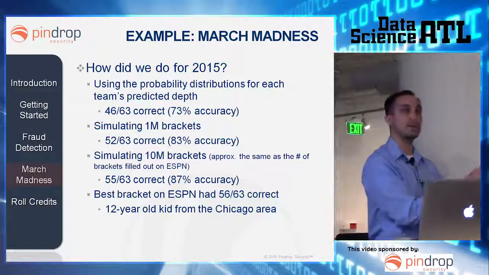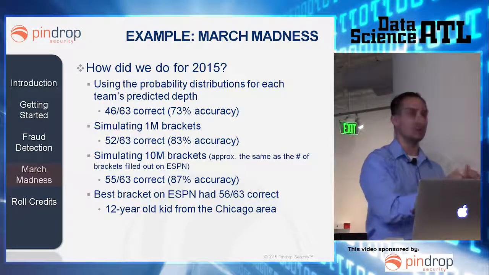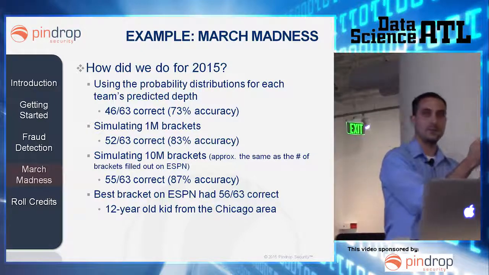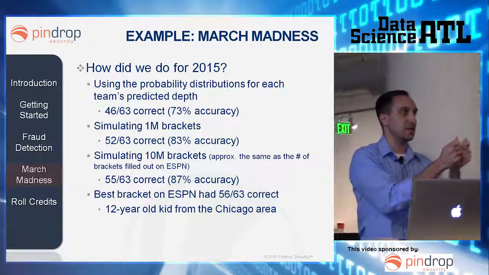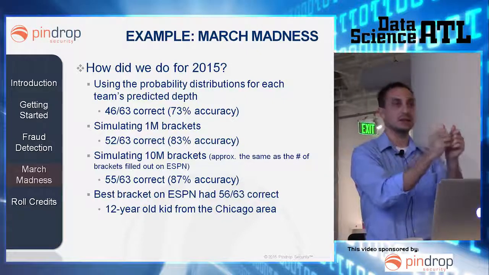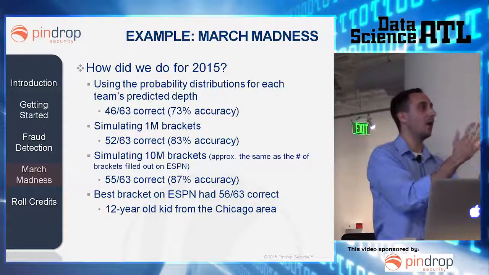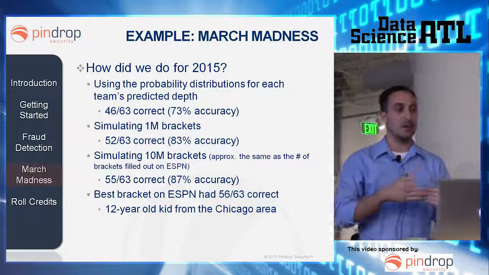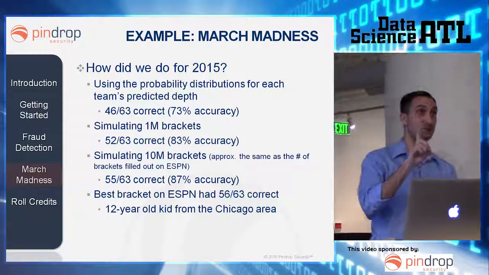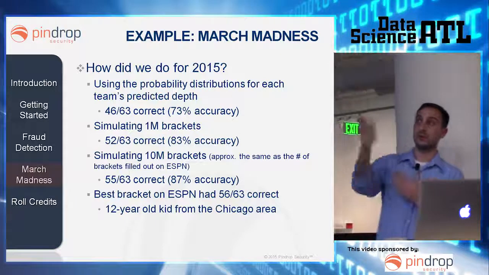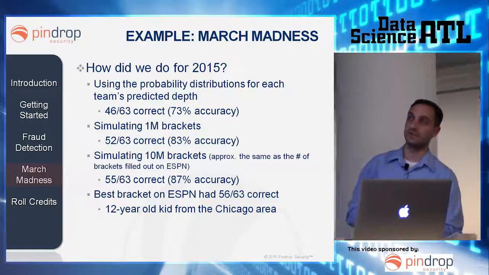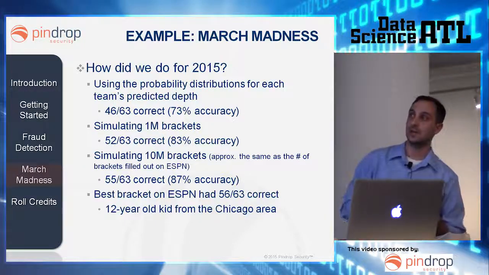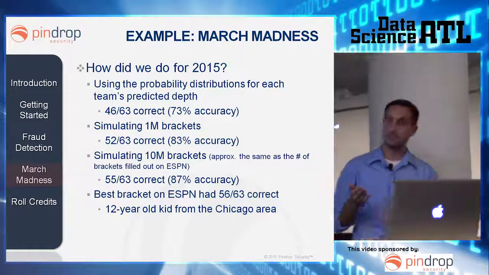This is getting back to that first prediction task that we had, which was, can we pit one team against another team and see what the score difference is. Here it's the depth difference and how well they're going to do against one another. So what's the likelihood of one team beating another? Based on that information, you can create a single bracket, and of that you get 46 out of 63 correct. That's a 73% accuracy. That's pretty darn good.